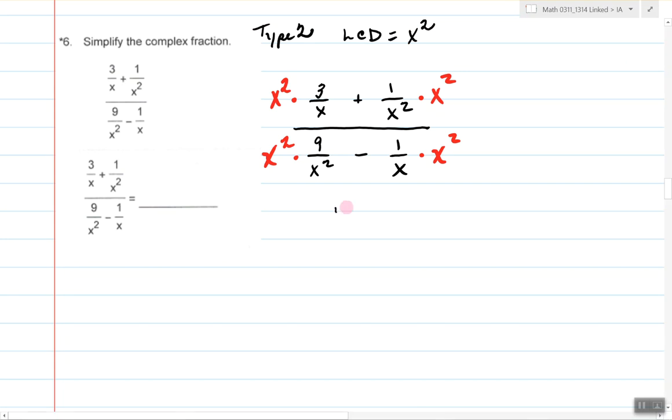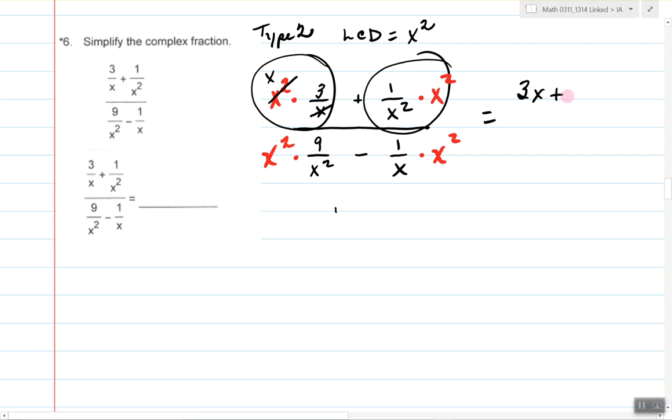All right. If I simplify this, x goes into x squared with 1x left over, meaning that I have x times 3, or 3x. In this part, I have my plus sign. The x squareds divide out, and I'm left with 1. The bottom, the x squareds divide out, and I'm left with 9.